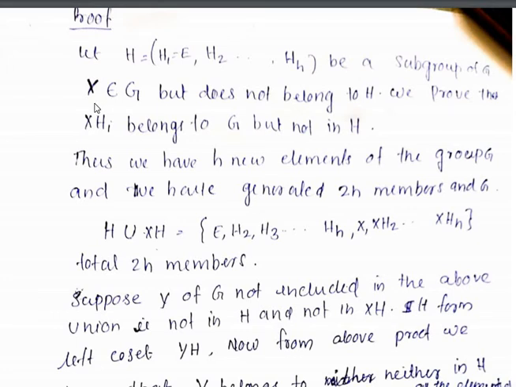I am taking an element x, which, as we already proved in our previous session, is a member of G but does not belong to H. So this left coset has elements which are all present in G but not in H. So H union xH is equal to E, H2, H3, etc. Hh, and the next h elements of G, that is x, xH2, etc. xHh. So a total of 2h members are present in H and xH.